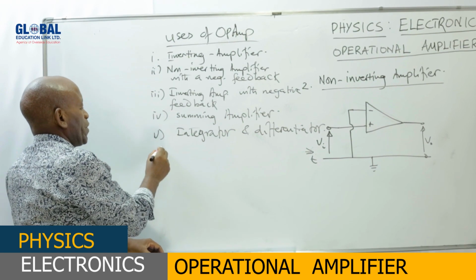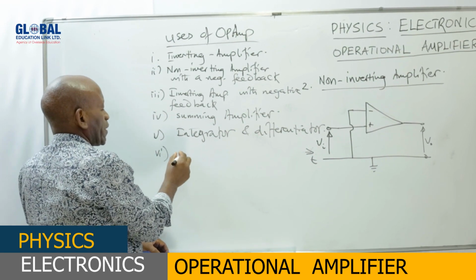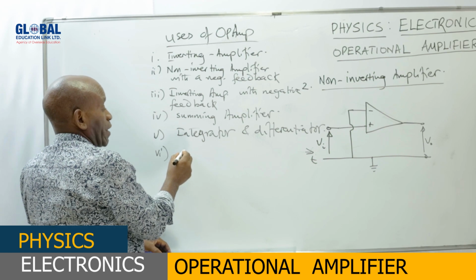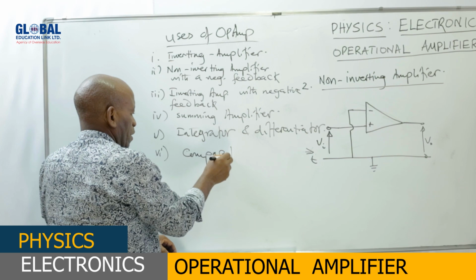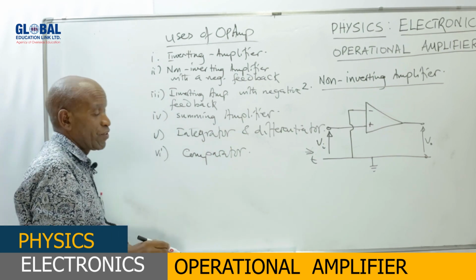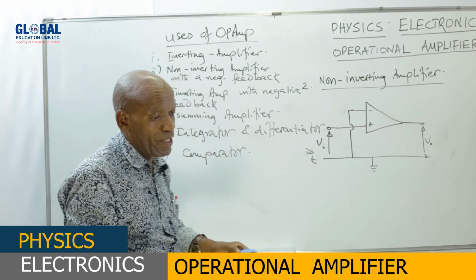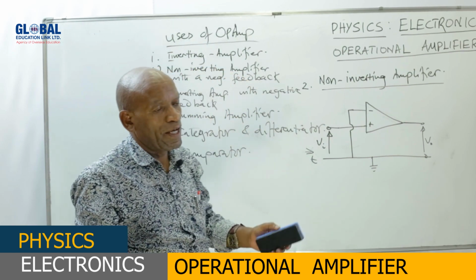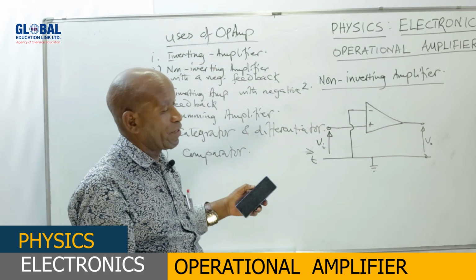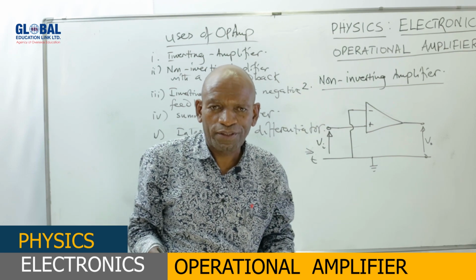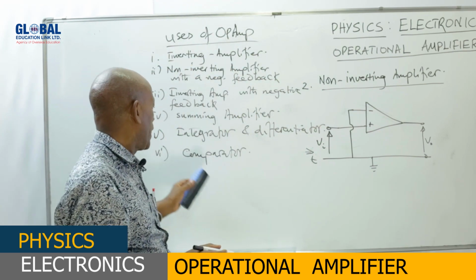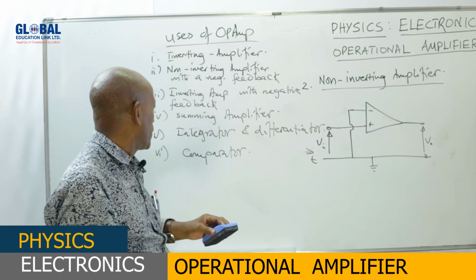It can as well be used as a comparator. It can compare some voltages. It can also be used as a voltage follower. Okay, it can be used for these three purposes.